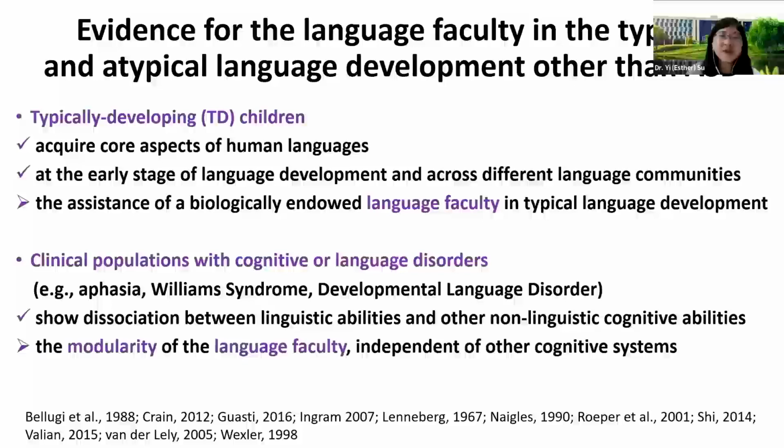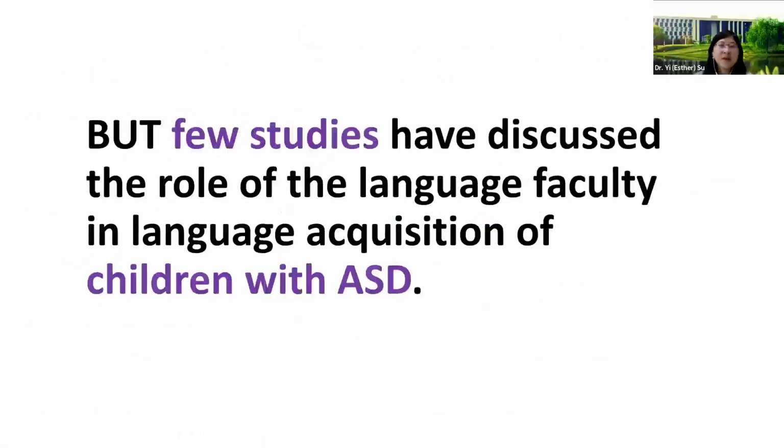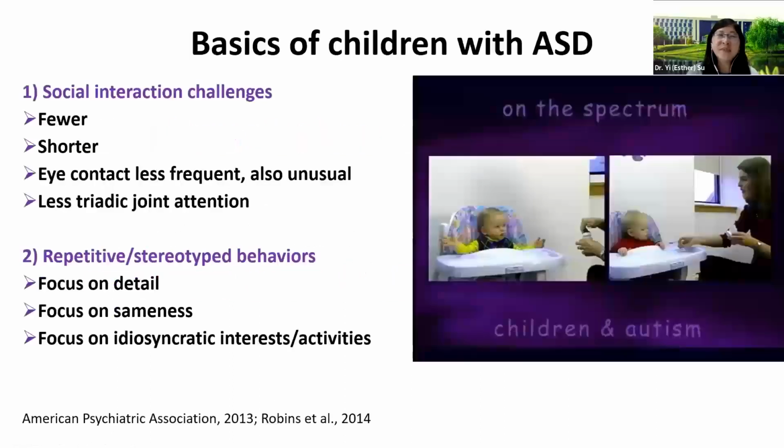So this dissociation also testifies to the modularity of the language faculty, independent of other cognitive systems. But so far, very few studies have discussed the role of the language faculty in language acquisition of children with ASD.